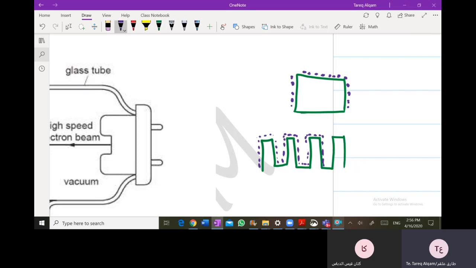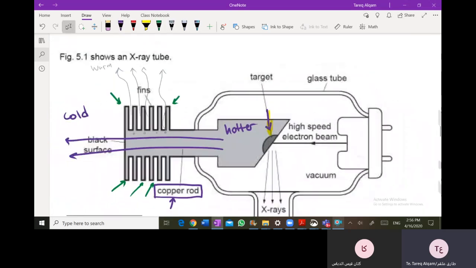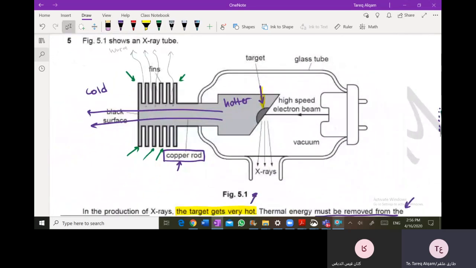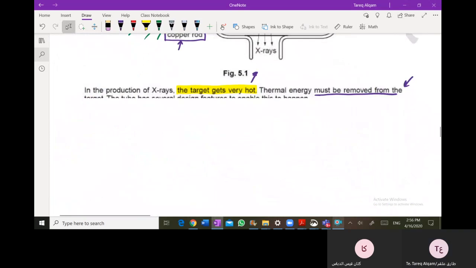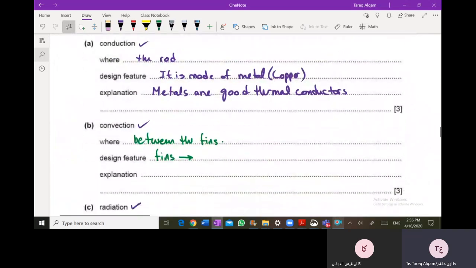So basically here, by manufacturing the end of the tube as a fence, we will increase the surface area that the air is in contact with the hot metal. So it will gain more heat from this metal, and the copper rod becomes colder.